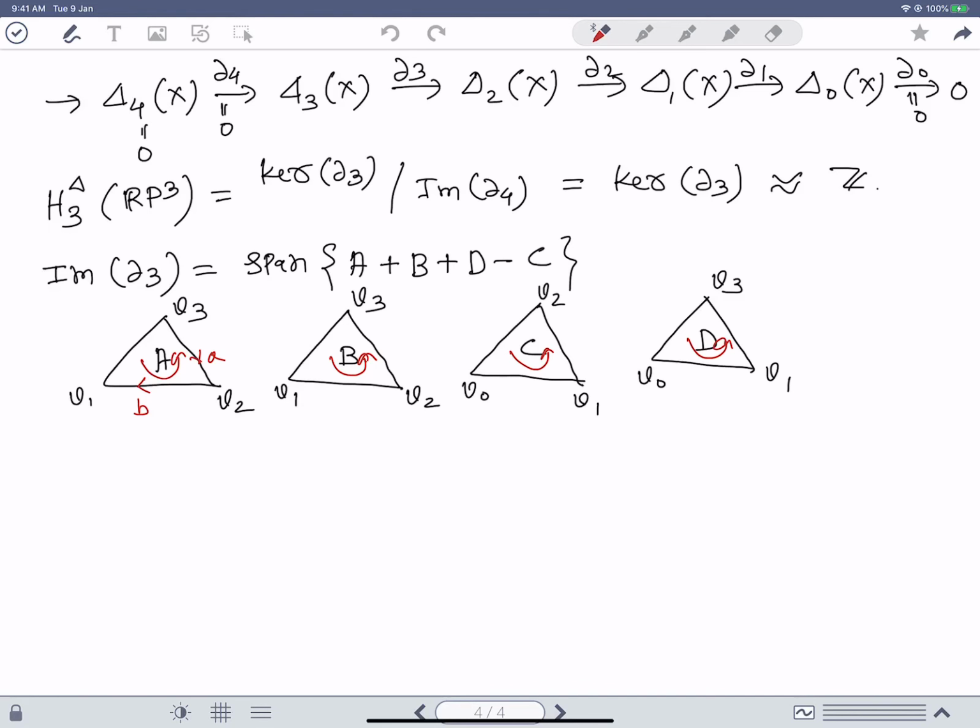Now similarly you can check that we will have this type of C. For B we will have this C, this A, this B. For C we will have this C, this B, and this D, and for D we will have this B. Okay, we can check that one for D. So for D we will have V0 to V3.